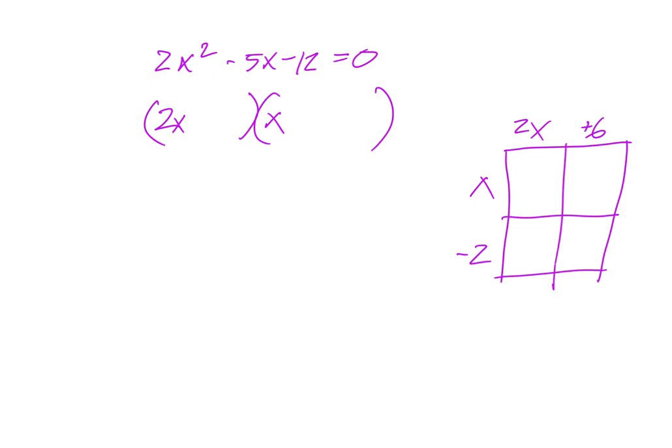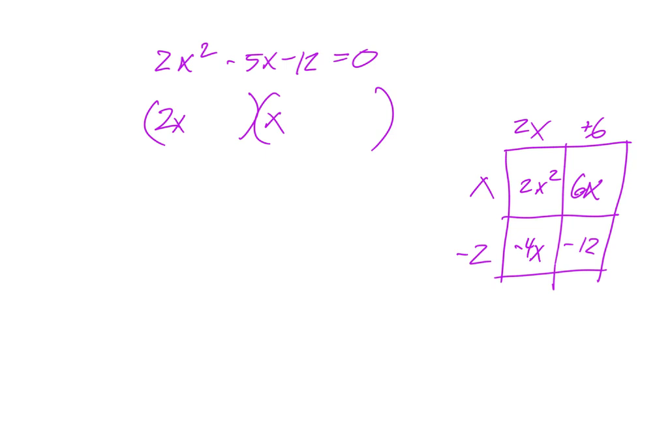This would be, when I look at multiplying the square, it's 2x times x. So this square becomes 2x squared. The next one over there is going to be 6 times x, so that's 6x. This one here is 2x times -2, that's -4x. And then the last one is 6 times -2, that's -12.